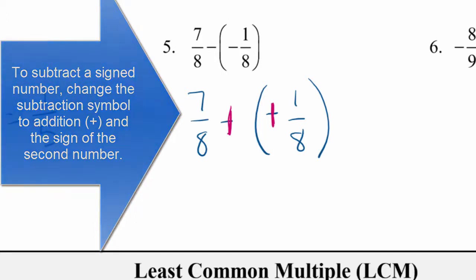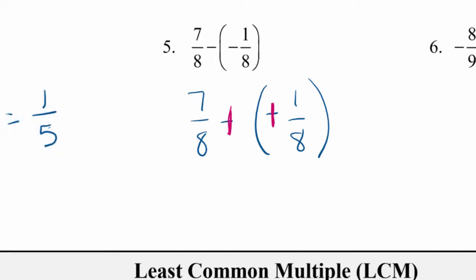Okay, adding the opposite, which is a positive. So now notice that this subtraction problem is now an addition problem of two positive fractions. They both have denominator 8, and then 7 plus 1, which is 8. And now 8/8, that's equal to a whole, 1 whole. So that fraction simplifies to a 1.